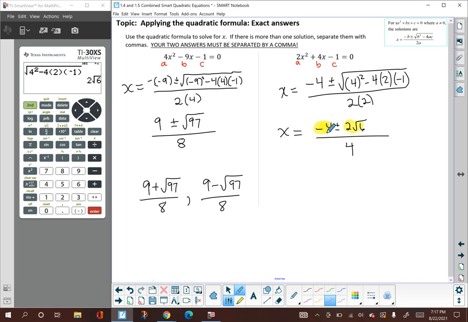That negative 4 has a factor of 2, this has a factor of 2, and the 4 on the bottom has a factor of 2. So I can reduce all of those by a factor of 2. This would be a 1 root 6, but we normally wouldn't write the 1 in front. And so that's my 2 answers.